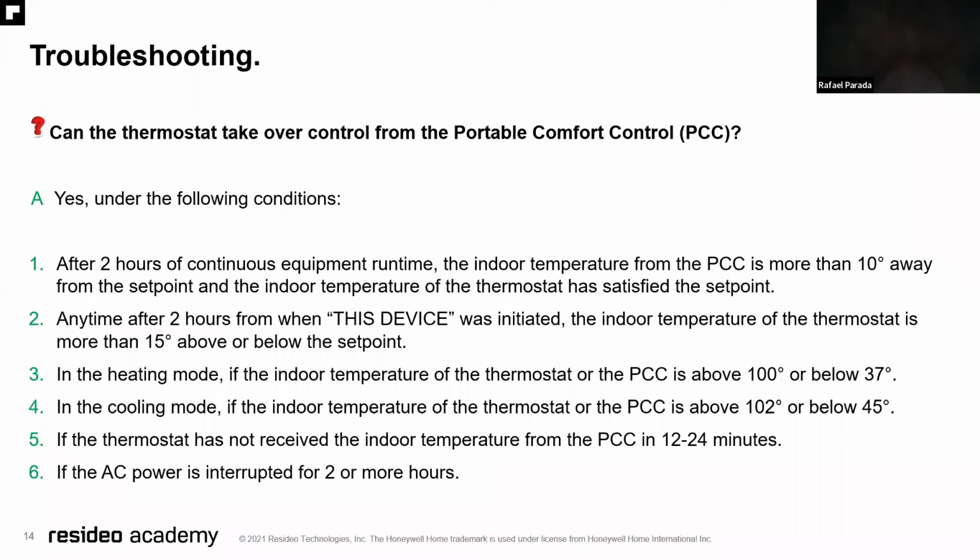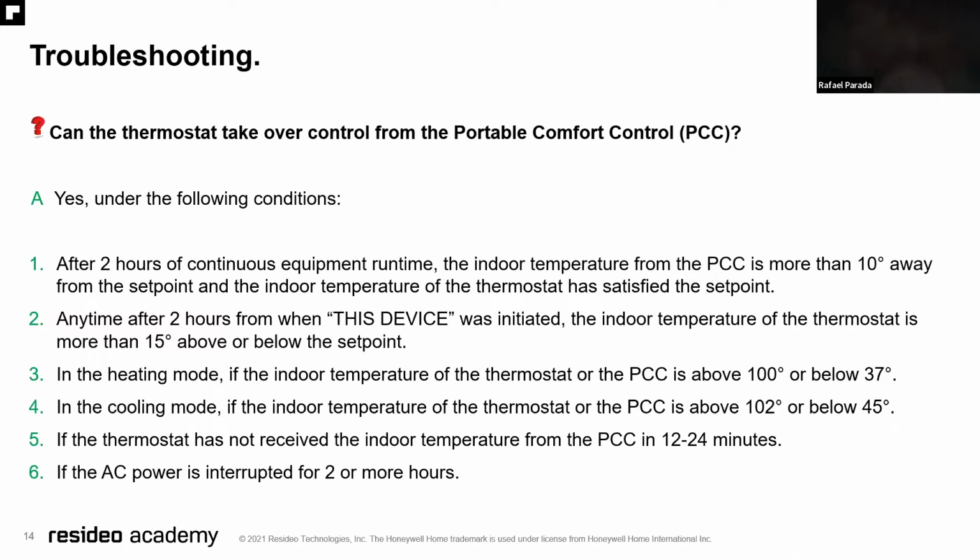And for the cooling mode, whenever the indoor temperature is above 102 Fahrenheit degrees or below 45 Fahrenheit degrees, once again, the thermostat regains control. Also, if the thermostat loses communication with the portable control, the thermostat will regain control after 12 to 24 minutes of communication loss.